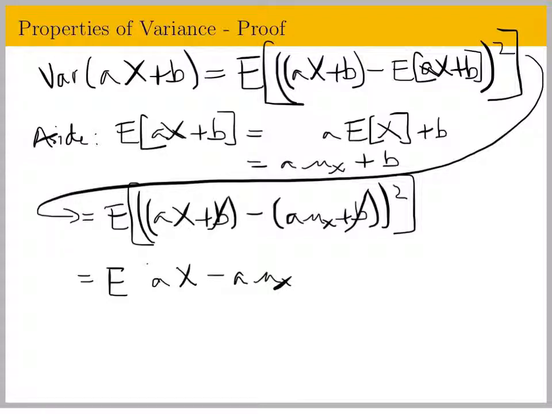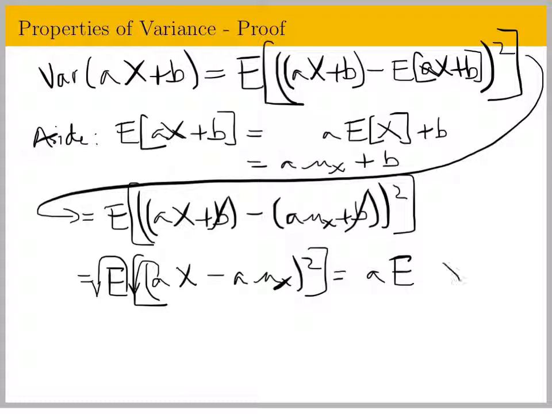I'll factor in a second. Remember, that's squared. Now we see where the A squared comes in. So we're going to pull the A squared out right here. It's going to become squared, and then we can pull it out of the expectation again because it's just a constant. So we end up getting A squared times the expectation of X minus mu x squared.